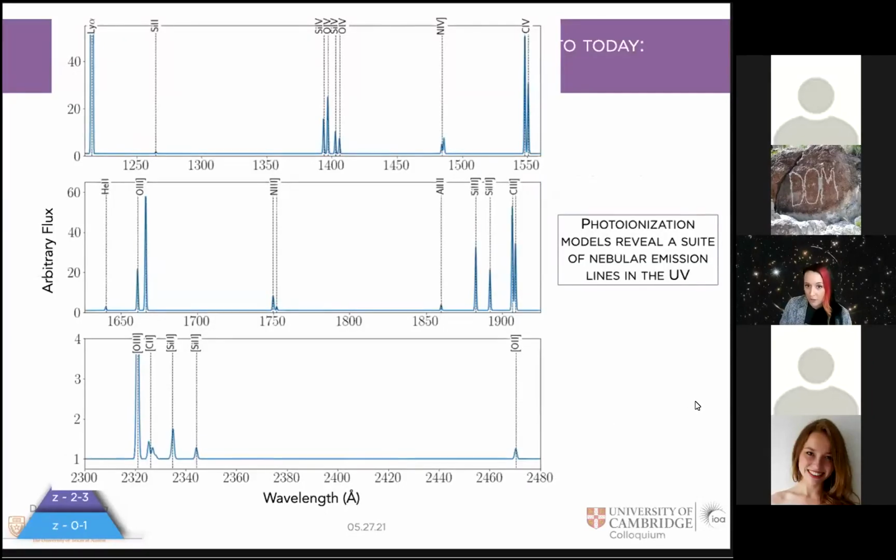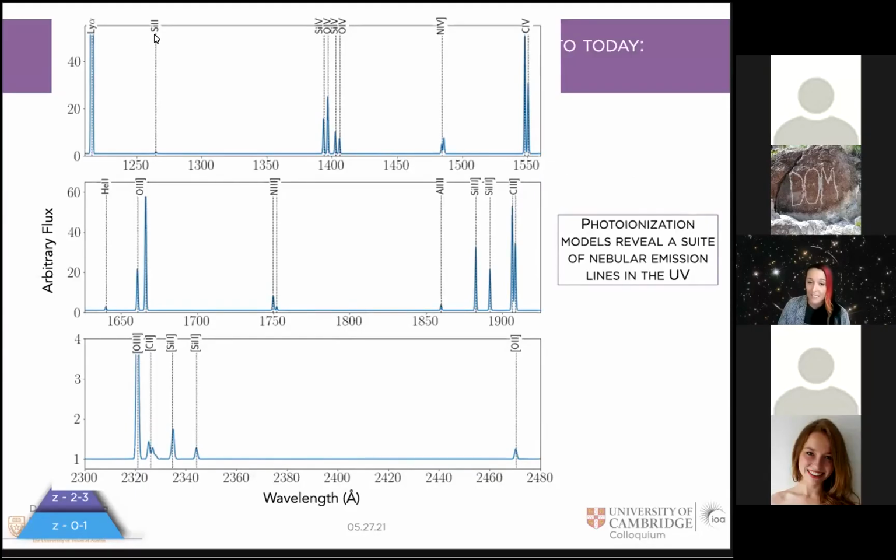So in case you've never looked at an emission line spectrum in the ultraviolet, I just wanted to throw one up from a photoionization model. This is just a theoretical one, but it shows you the potential of what could be available in the UV. When it's in emission, we can get nice strong Lyman alpha, but we can also get a lot of other ions we don't usually see in other wavelength regimes like the optical.